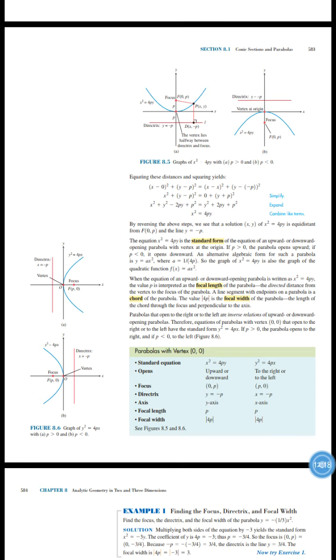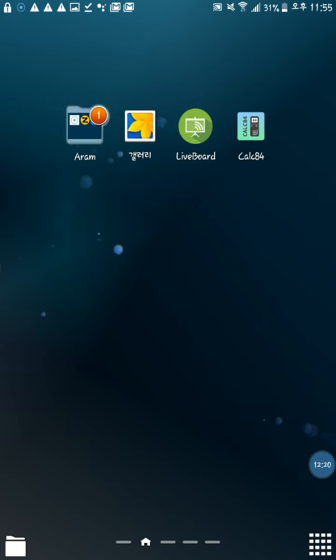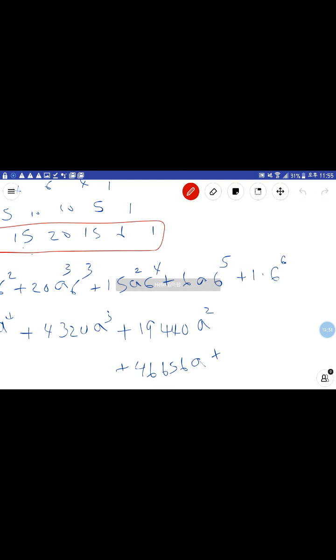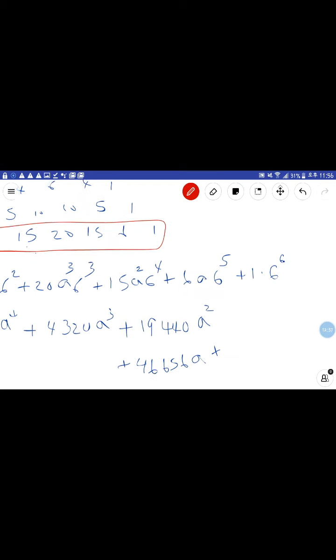Okay, so let me open my whiteboard. We are going to talk about example 1 on page 584.